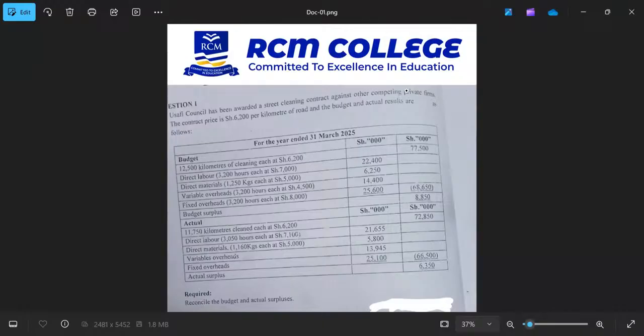They want us to reconcile between the budget surplus, 88 what, 50, vis-a-vis the actual surplus. Basically, they want you to get all the types of variances: material price variance, material usage variance, labor rate variance, labor efficiency variance, then variable overheads, fixed overheads, and sales variances. And then you do the table that I've shown you how to do.